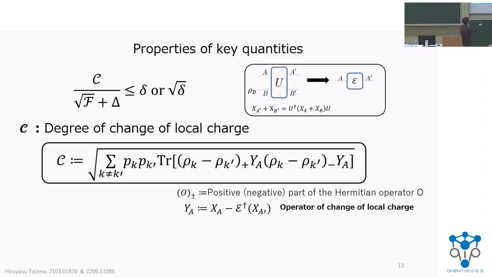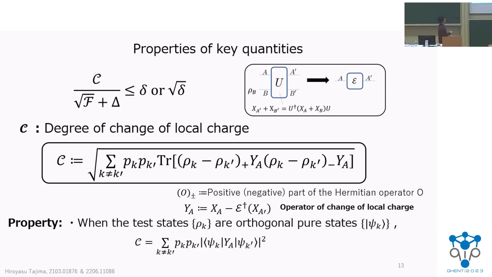Here, E dagger is the dual of the local dynamics E. And the important property is that when the test states rho_k are orthogonal pure states psi_k, then this quantity becomes like this. So it is the sum of absolute values of non-diagonal parts of Y_A, this operator of change of local charge.